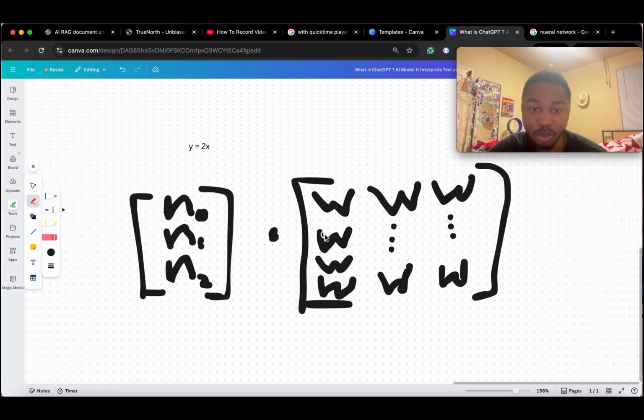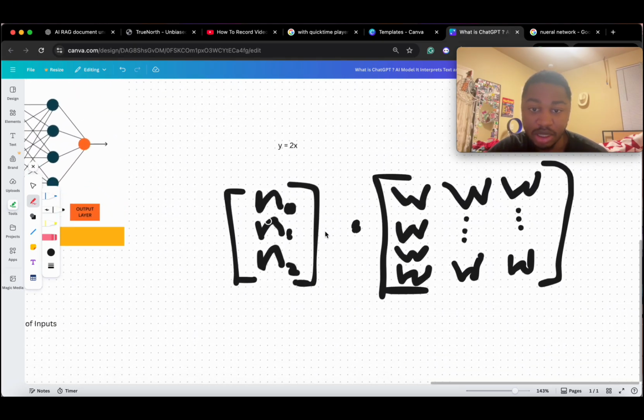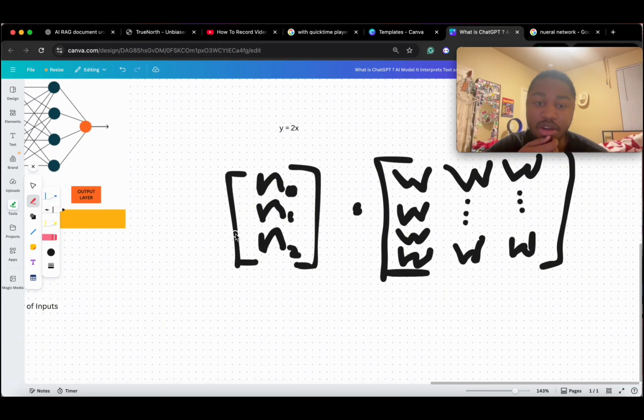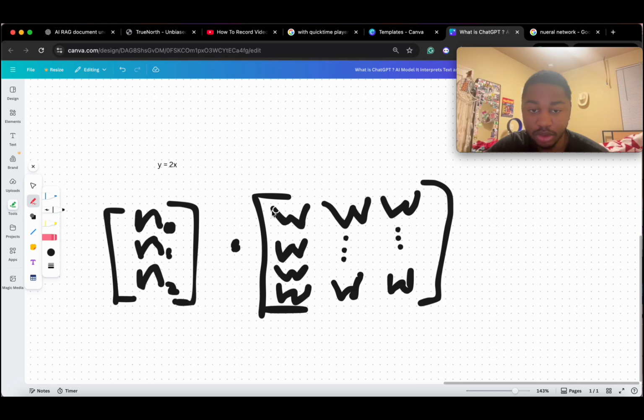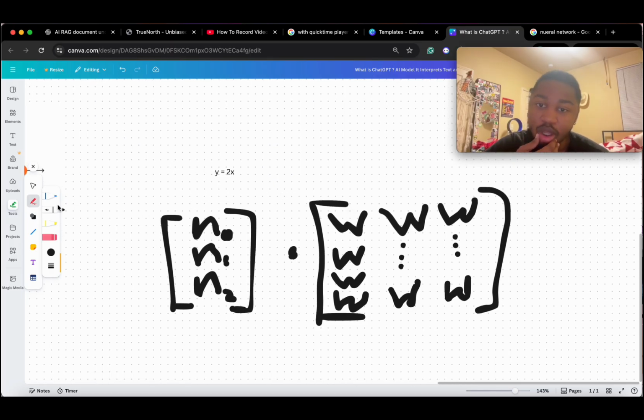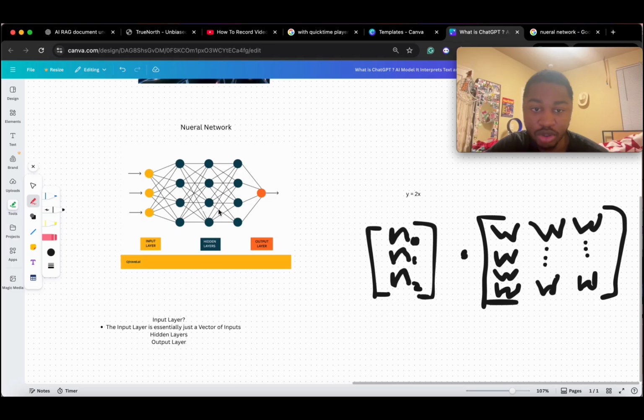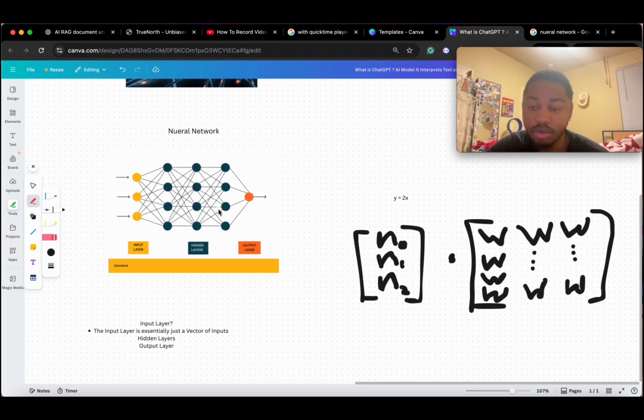So this is a matrix of weights, and as you can see, the length of this column vector is 3, and the length of this row of the matrix is 3. With an understanding of linear algebra, you would know that these would cancel out, and it would result in a new vector of size 4.